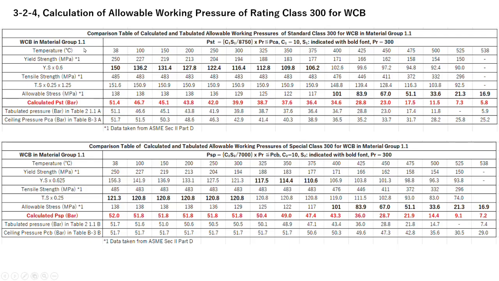So that PST, the allowable working pressure for standard class. So equation right here. So C1 equal 10. We use megapascal. S1 indicated with bold font. PR equal class 300. So assign the 300. So that C1 is 10 and the PR is 300.